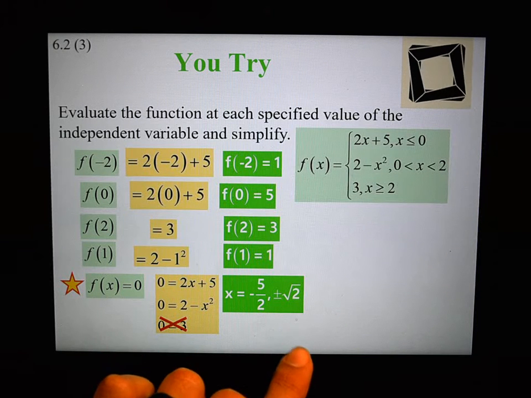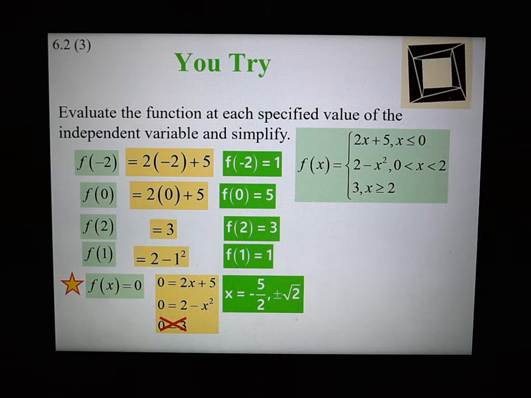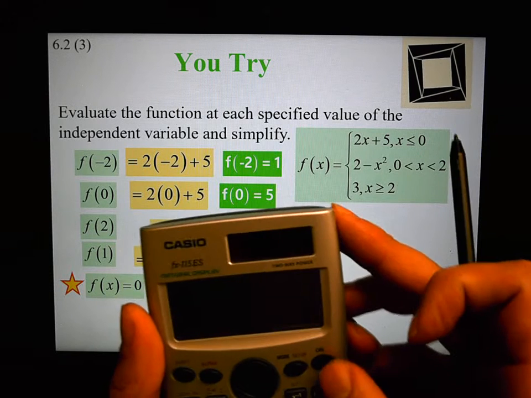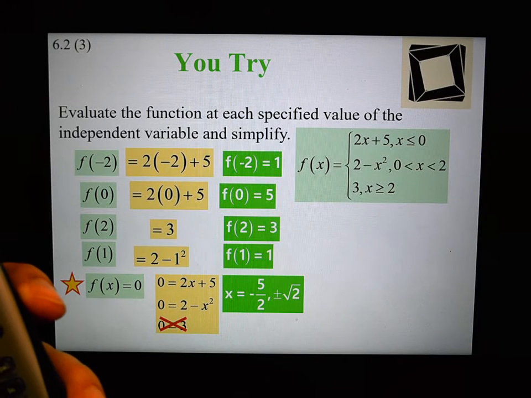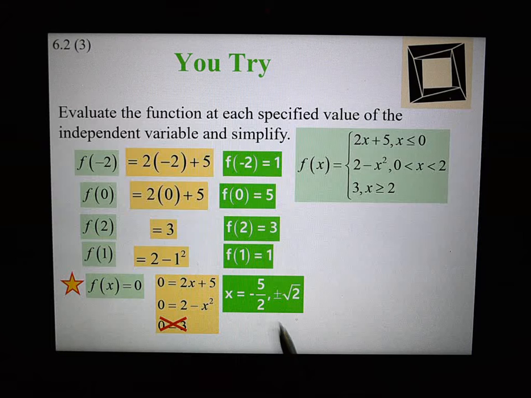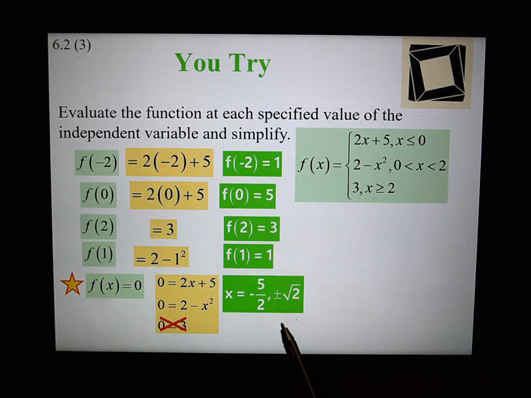Wait a second, should there be a positive and negative? I feel like there should be a positive value of 1.4. Should there be a negative one there? I believe there's a mistake here. Let me put a negative in front of this.